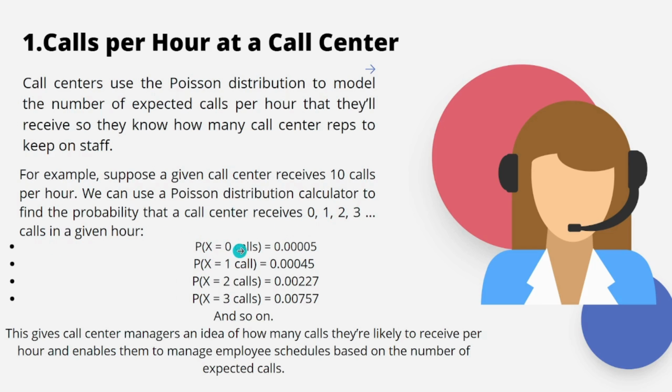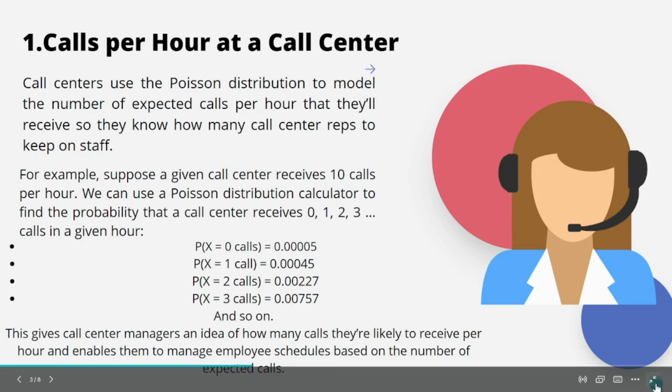So for P(X) equal to 0 calls, we got probability as 0.00005, and for P(X) equal to 1 call, we got probability as 0.00045, and for P(X) equal to 2, we got it as 0.002277, and so on. So let us calculate using the Poisson distribution calculator.